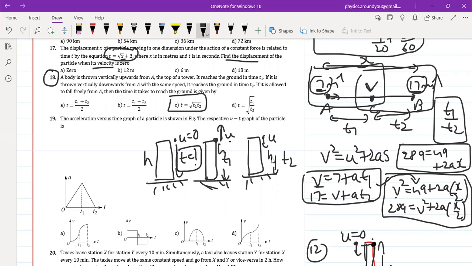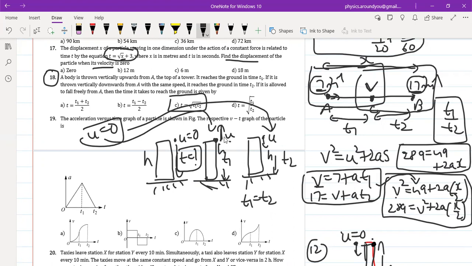I can, by assuming that u equal to 0 here also. If u is equal to 0 in these two cases, then T1 equal to T2 because I'm dropping here also, and both of them should be equal to the T which I am finding. So if I substitute T1 equal to T2 in the options, I should get the time.